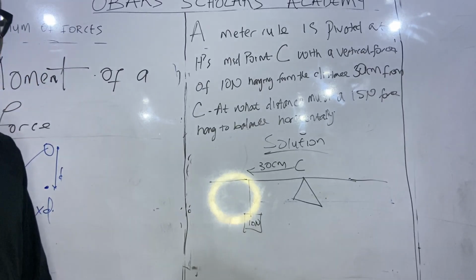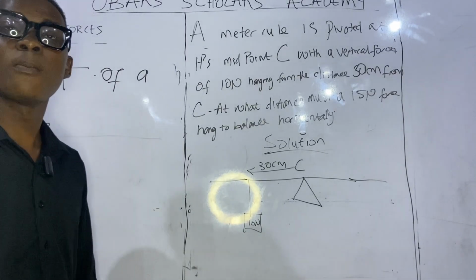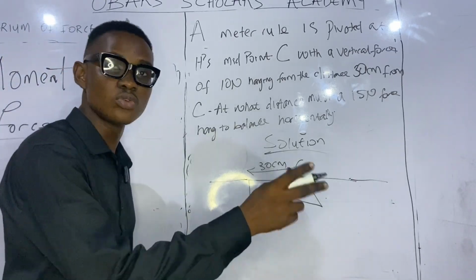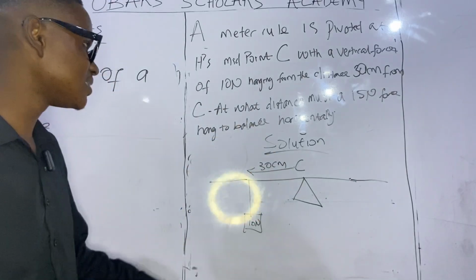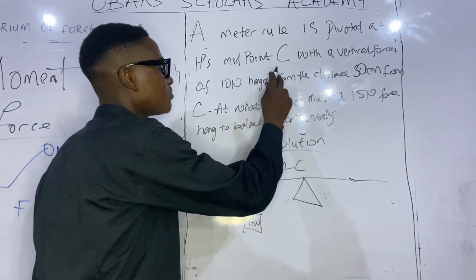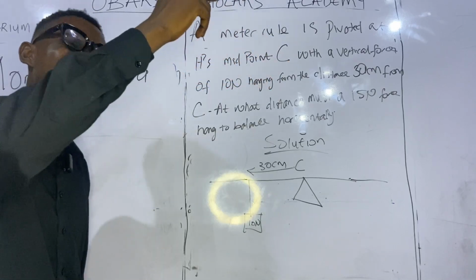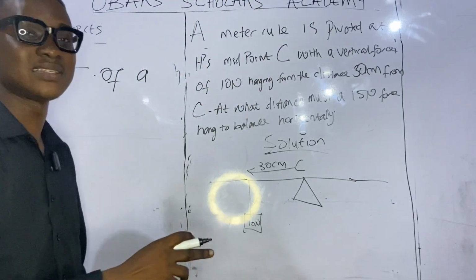Remember what I said in my previous example: you can be given some parameters to look for others. Like if I'm given the distances of the two forces, I'll be asked to look for an unknown force that will balance it. But in this case, we are given the two forces and one distance, and we are asked to look for the other distance, to guarantee equilibrium.